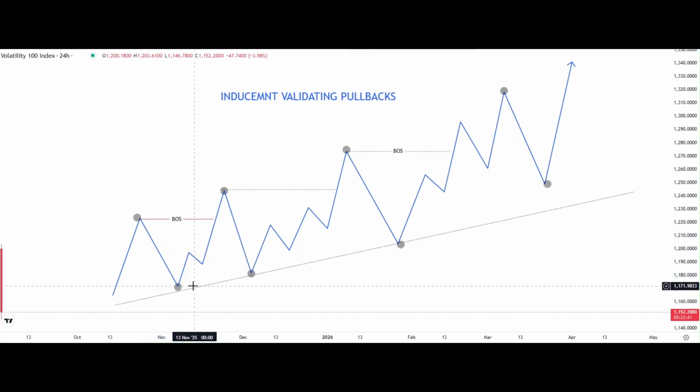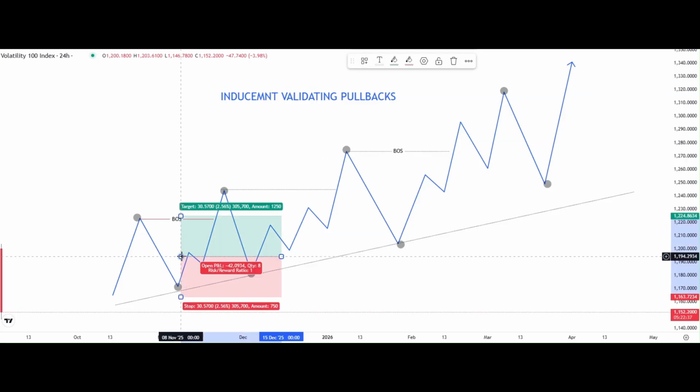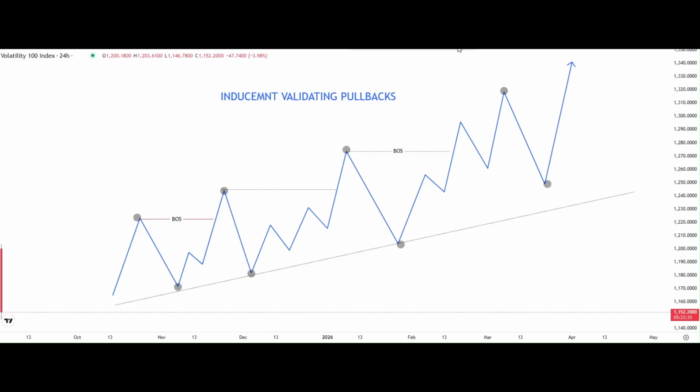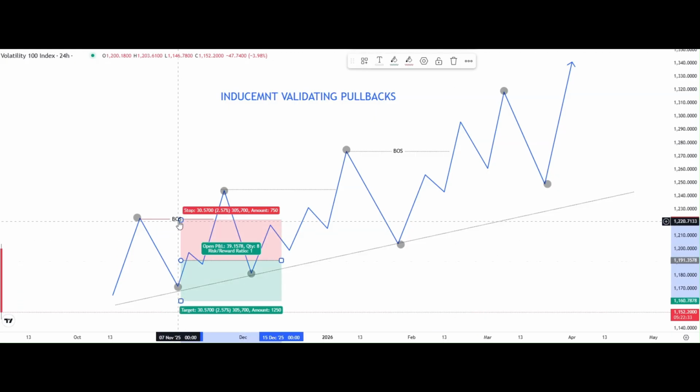So what happened was, retailers on the lower time frame would have taken an opportunity for a sell here.